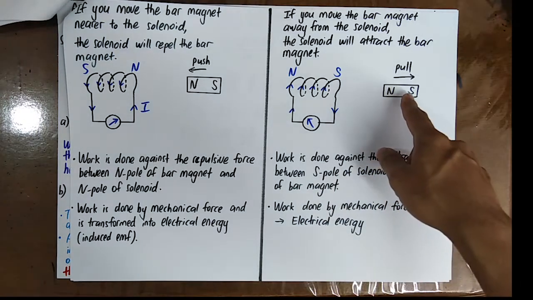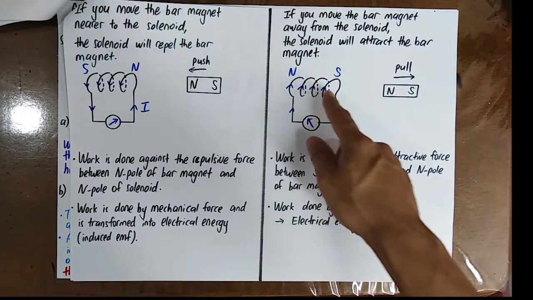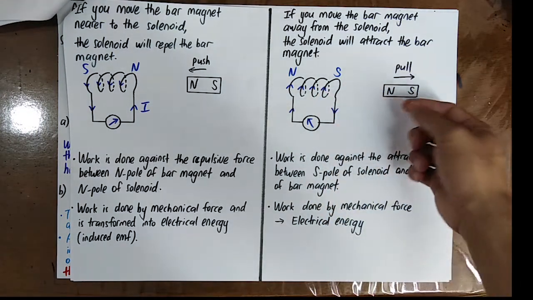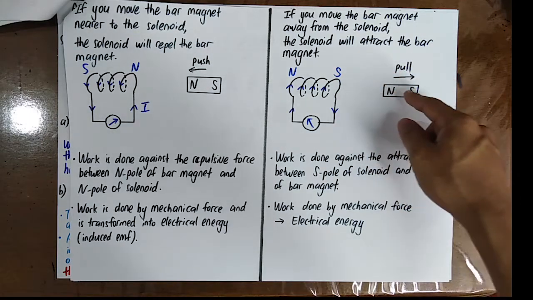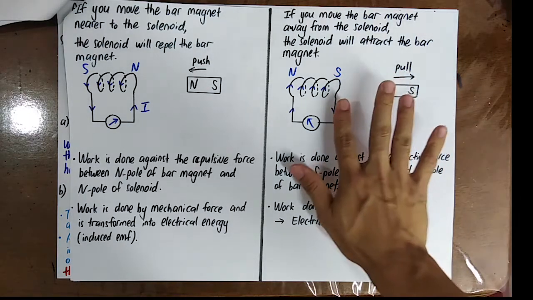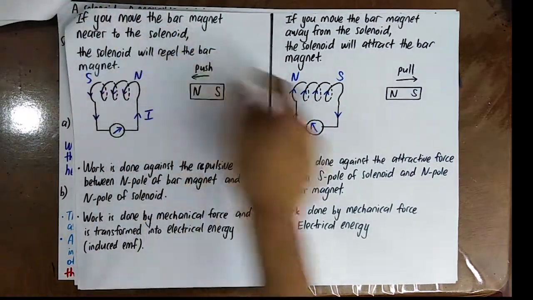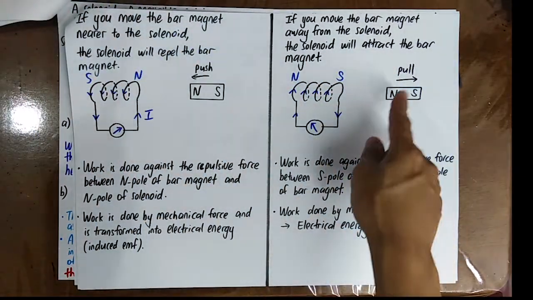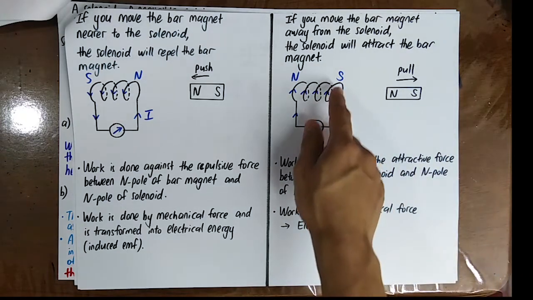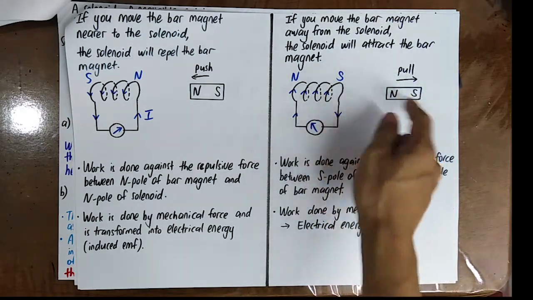And when you try to leave the solenoid, the solenoid wants to attract you, so that you cannot leave. Okay, so now this is the case when you are leaving the solenoid, but the solenoid does not want you to leave.